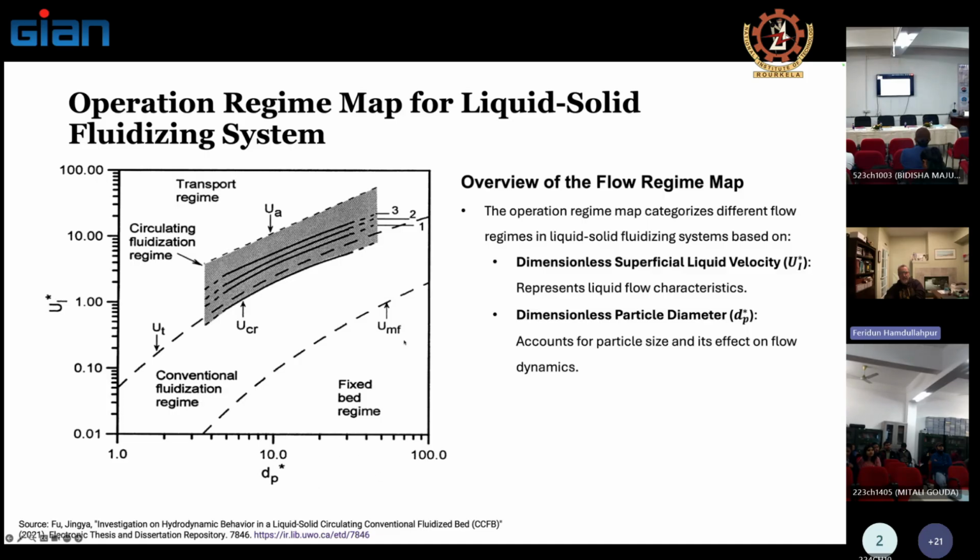Here, this is the fixed bed regime corresponding to certain velocities up to here. Then you could use a velocity here corresponding to minimum fluidization if you have the right dimensionless particle diameter.